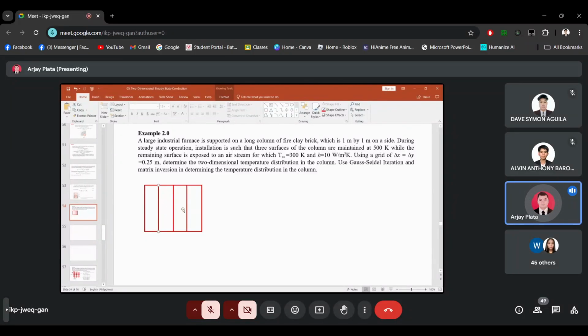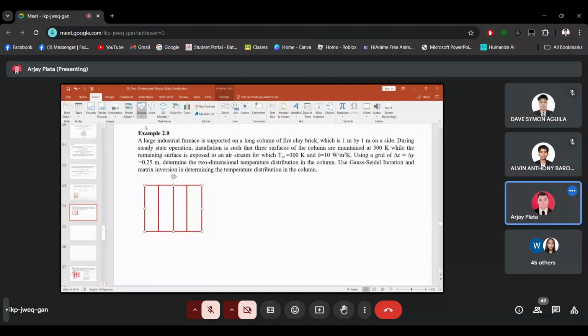That means we will divide the 1 meter by 1 meter into 4, because according to the problem, using a grid of delta x equals delta y equals 0.25, meaning delta x is 0.25, it's 1/4 of the figure.